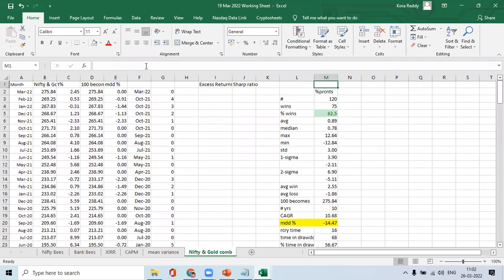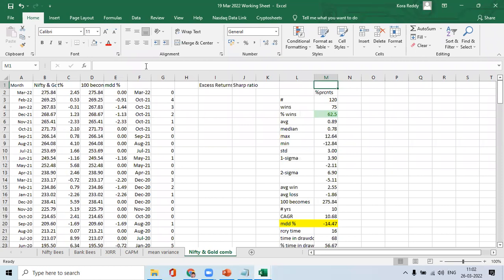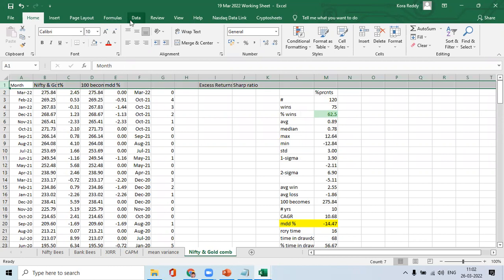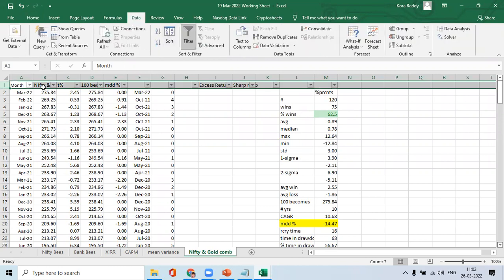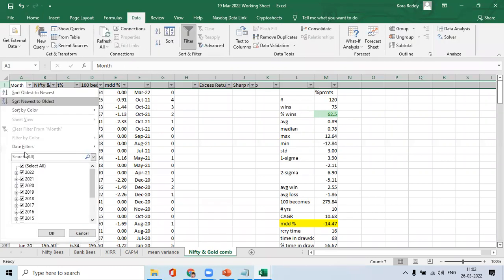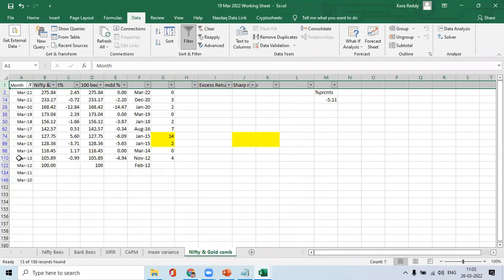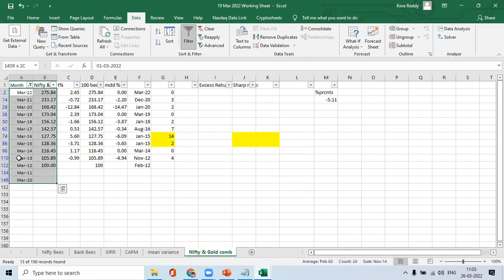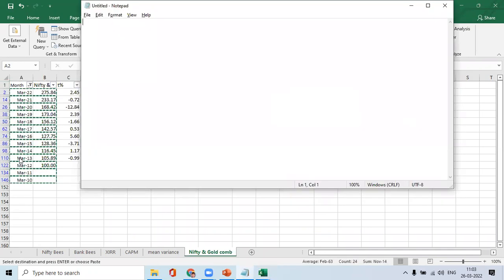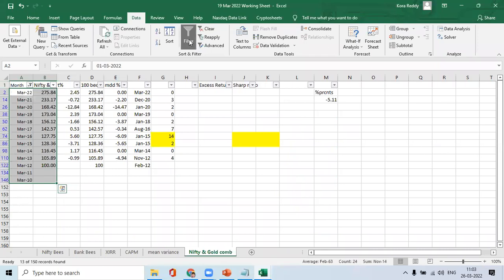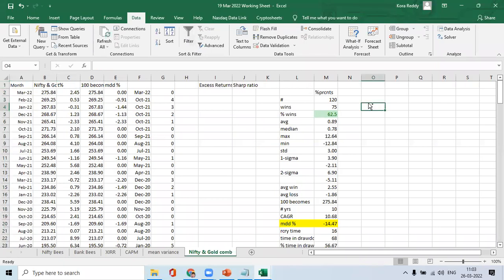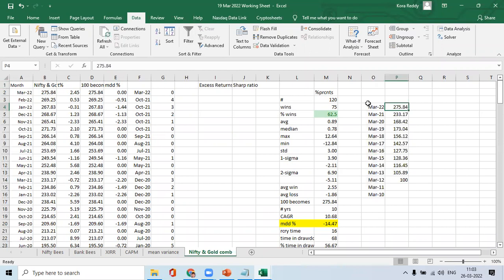And then you also can do a small trick here. So this is March, right? I want only March. So this is your year-wise returns. So copy here. This is year, and this is what your 100 is.